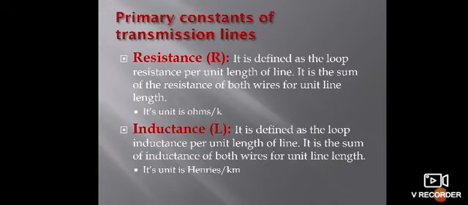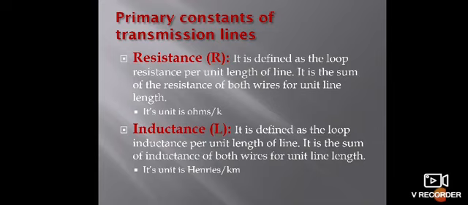And the next one is inductance. It is defined as the loop inductance per unit length of line, and it is also the sum of inductance of both wires for unit line length. Its unit is henries per kilometer.